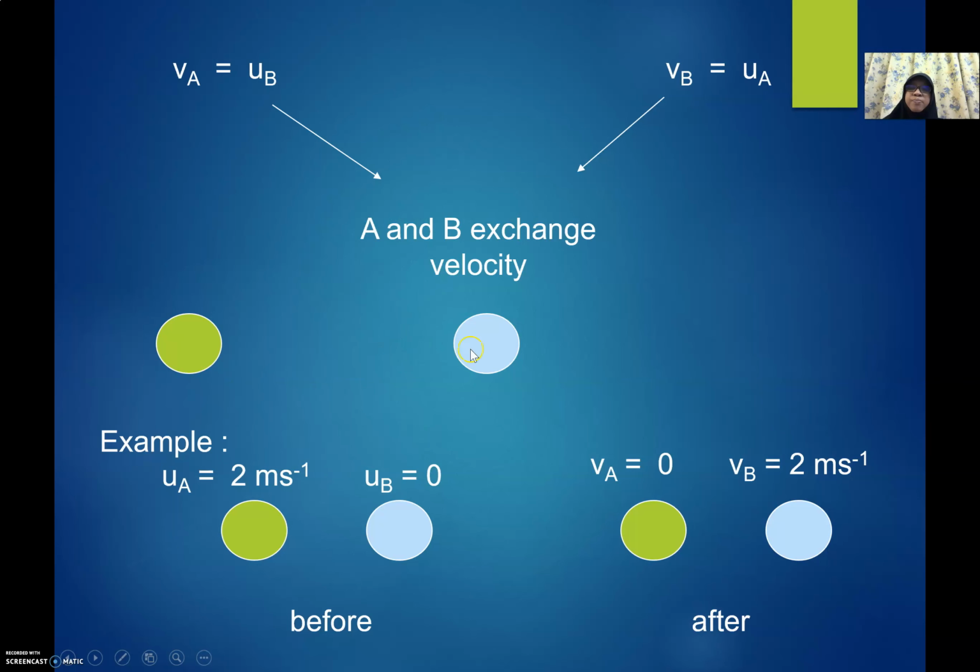So this is initial. UB is 0, this is UA. So when collision happens, after collision, A becomes 0, and then the velocity of 2 meters per second is just now given to object B.